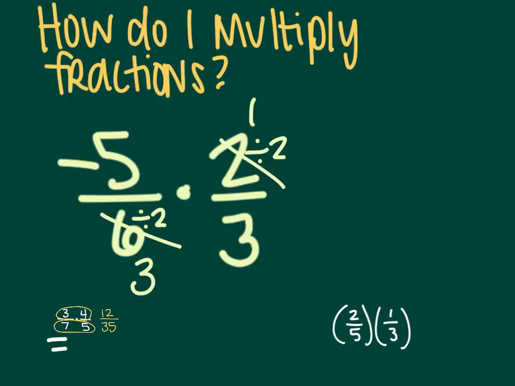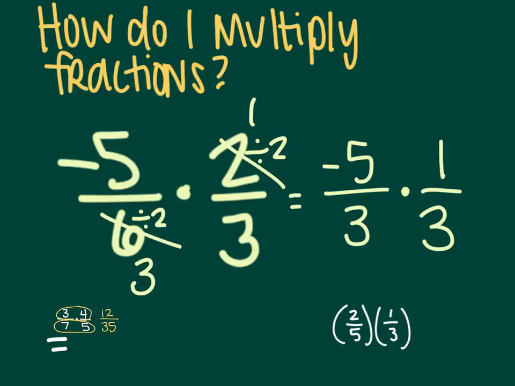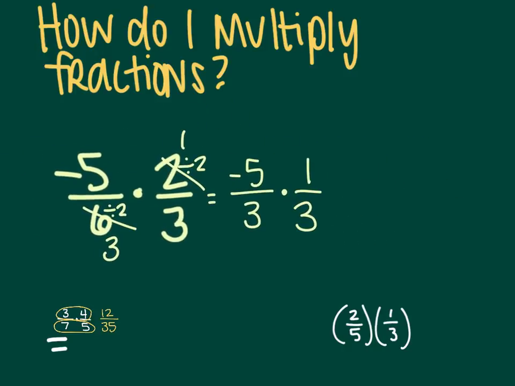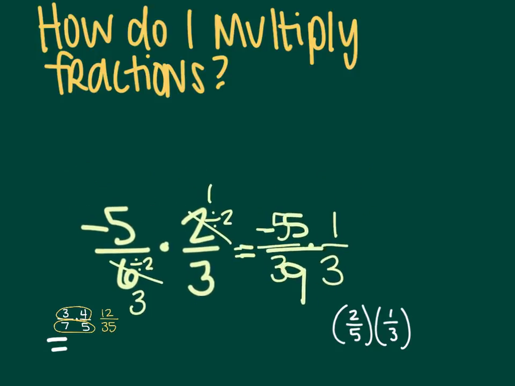So essentially, my new fraction is going to be -5/3 times 1 over 3. And that's going to make your math a lot easier, because now I can just multiply across. -5 times 1 is -5. 3 times 3 is 9. I don't even have to worry about simplifying because I already did that.